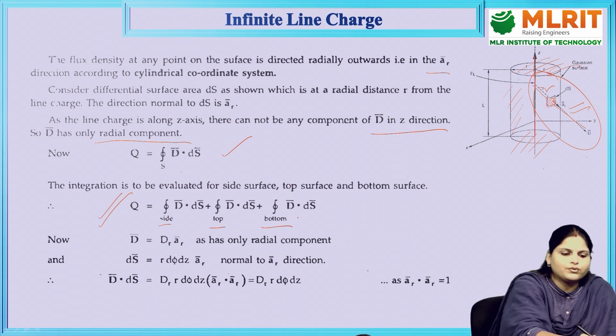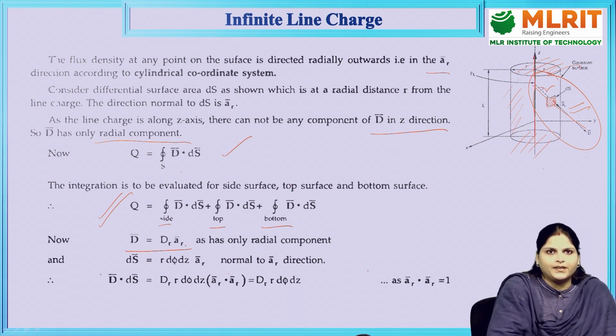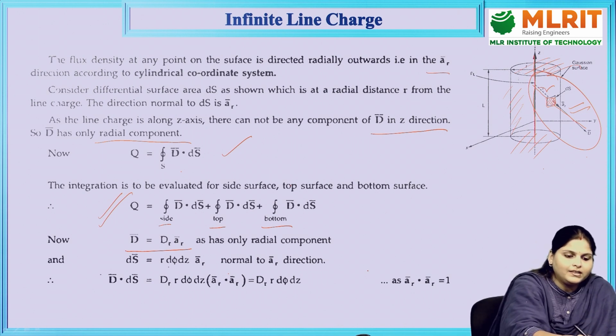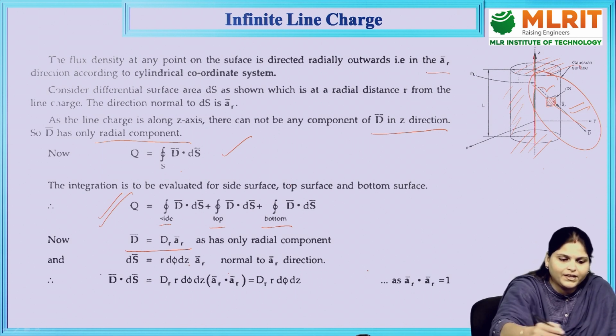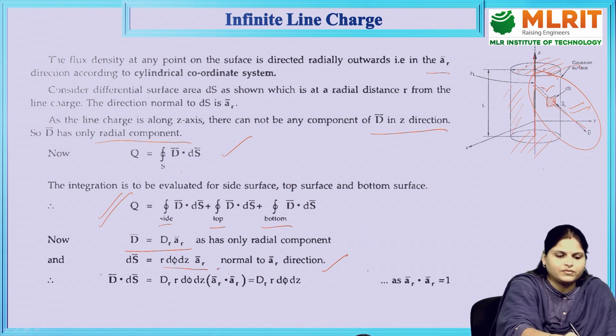And D, because it is radially outward, can be written as D_r a_r, and dS is equal to r dphi dz a_r, the area of this particular surface, and again the direction will be normal, along a_r.